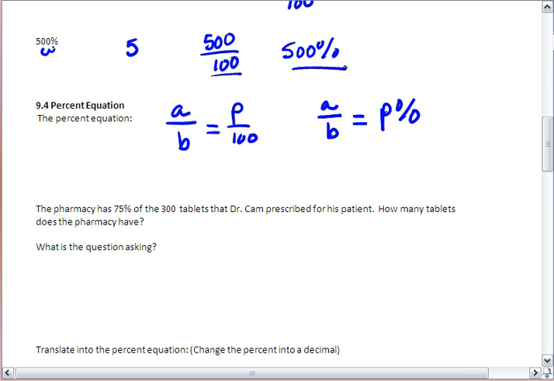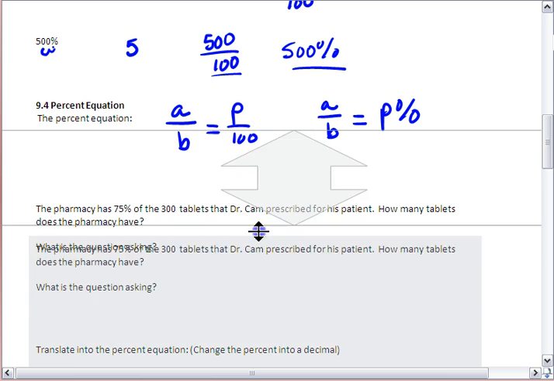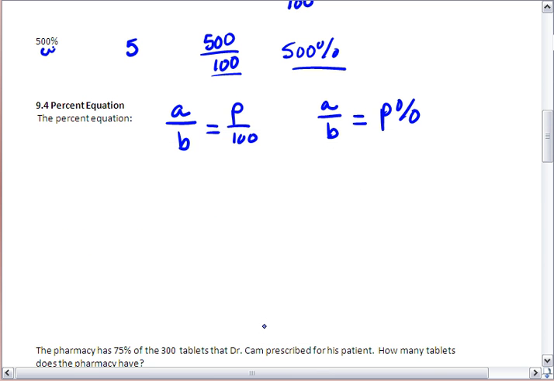Now let's insert some extra writing space here. Show why that's true. If I have A over B, or my part over my whole, equals P percent, what if I want to solve that for A? So I'm going to write this again. A over B equals P percent.